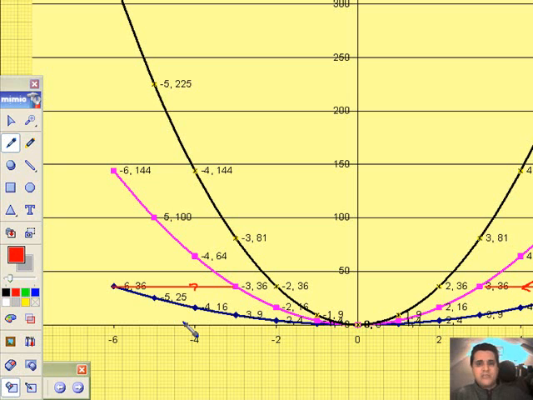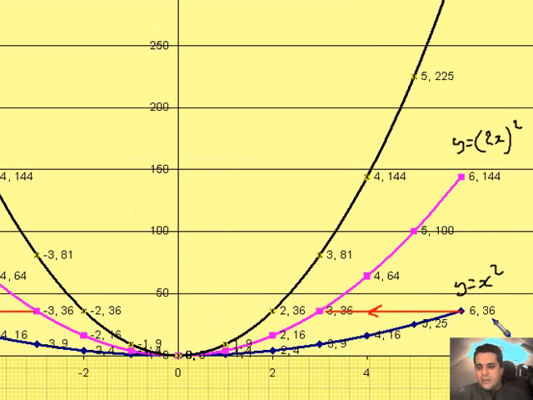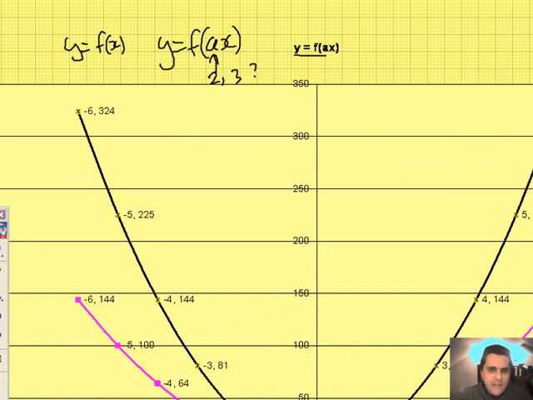It's as though I've taken my x squared graph and gone like that, and I've not taken it and gone like that, I've squished it inwards. Okay, so 36 and 36 match, but the 6 on the x has become a 3 on the x after the transformation. So how do you describe it?